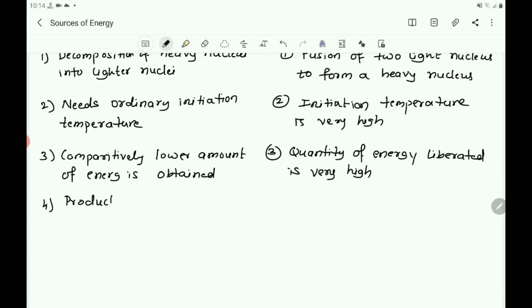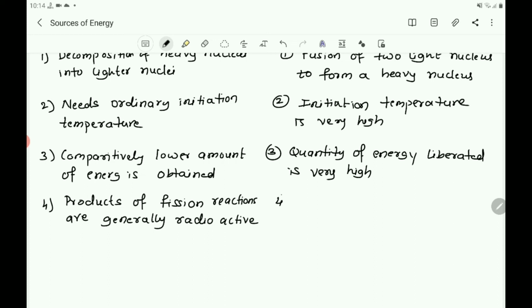Then fifth one, products of fusion reactions are not radioactive.